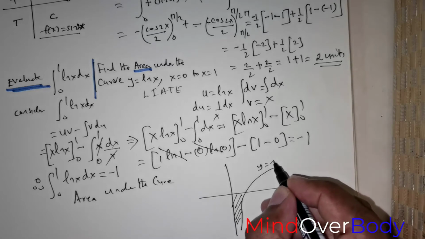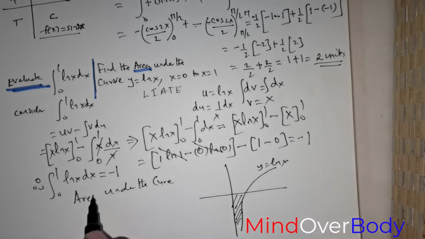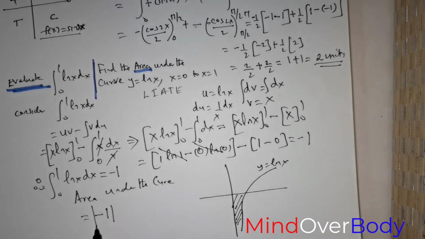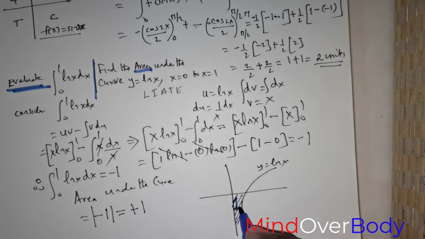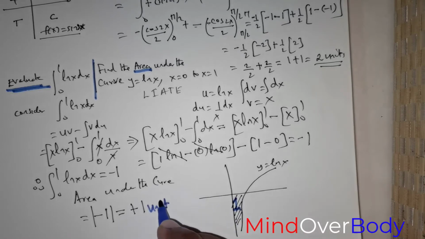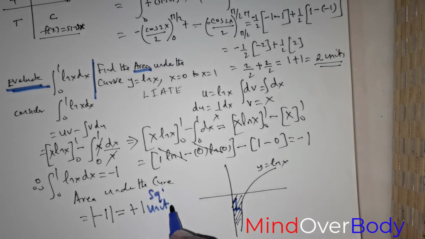So this is my graph, y is equal to ln x. Now to get the area, what we need to do is take the modulus of negative 1, and that is going to be positive 1. So this region or this area is going to be 1 unit, or 1 square unit. That's the best way to say.